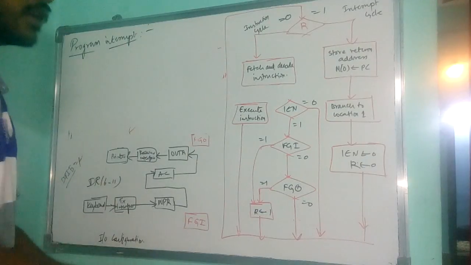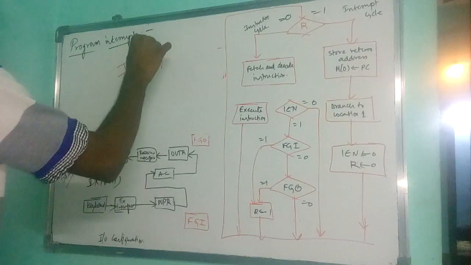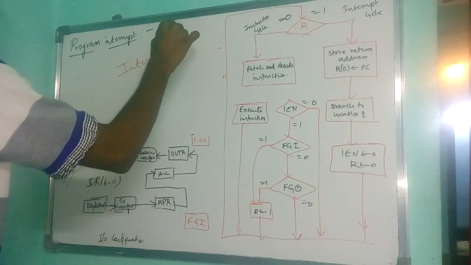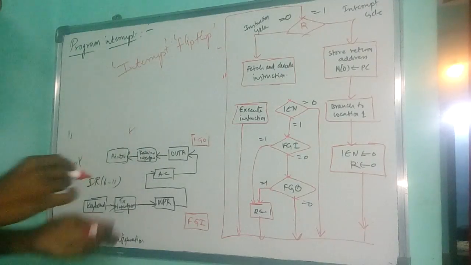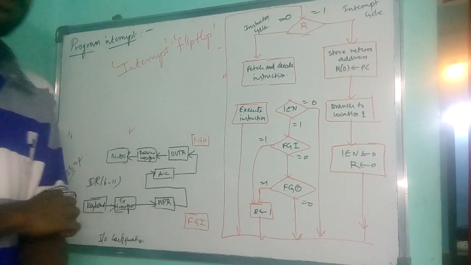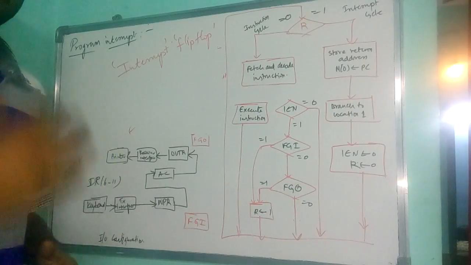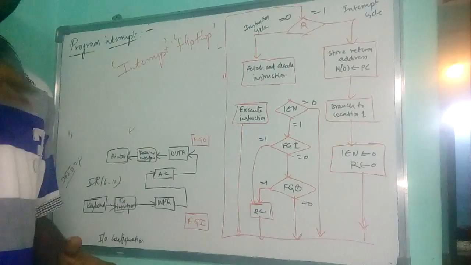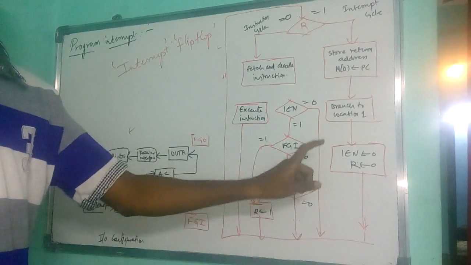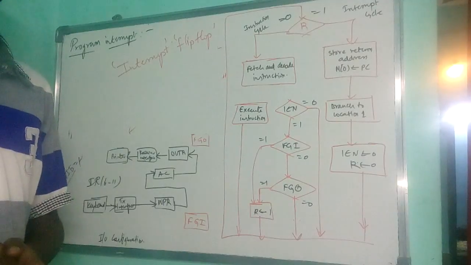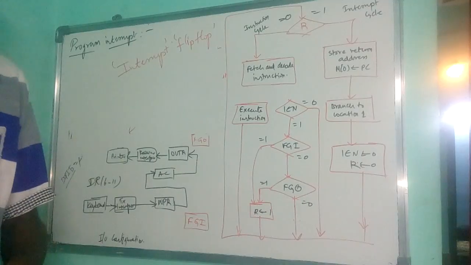using an interrupt flag, using interrupt flip-flop. That means whatever might be the input-output device, if it is ready to transfer the information, then it interrupts the computer in the middle, asking, I am ready to transfer the information, kindly take the information.